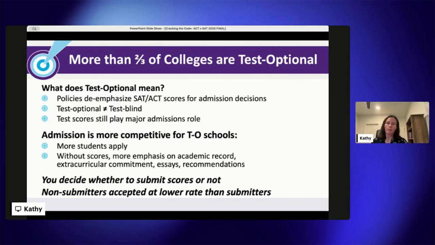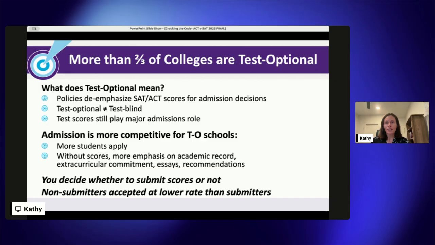Test optional does not mean test blind. If a college is test blind, it means that even if you send scores, they will not use them in admissions. Test optional means you have the option to send scores, and yes, if you send them, the colleges will use them. Just be aware that admission can be more competitive for test optional schools.